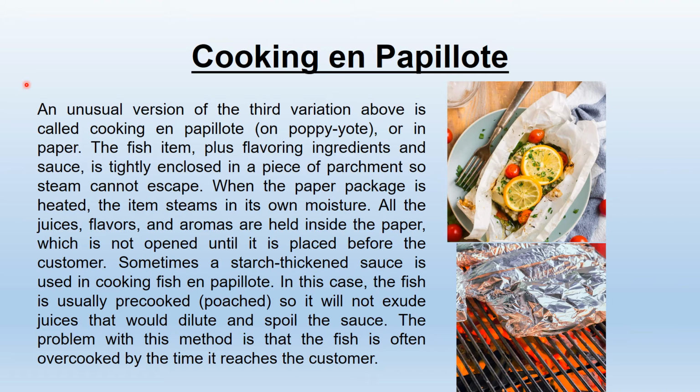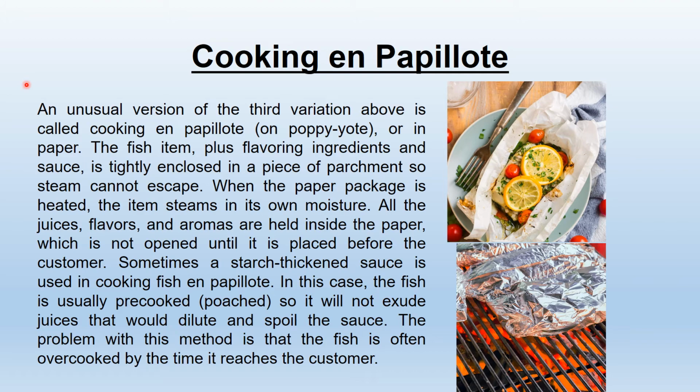Sometimes a starch-thickened sauce is used in cooking fish en papillote. So sometimes they just use that thickened sauce to make the sauce a little bit thicker, so it doesn't get too liquidy and runny.